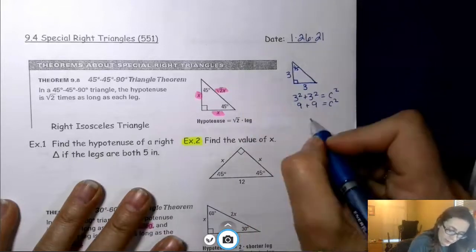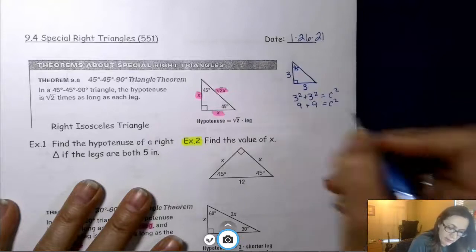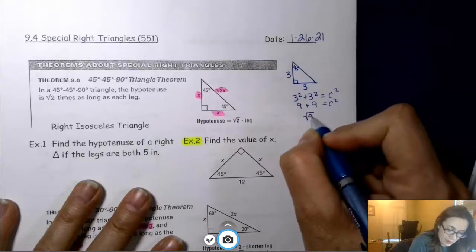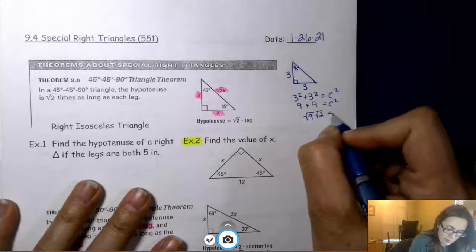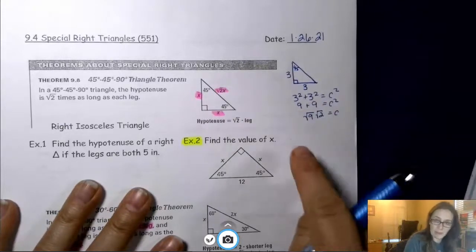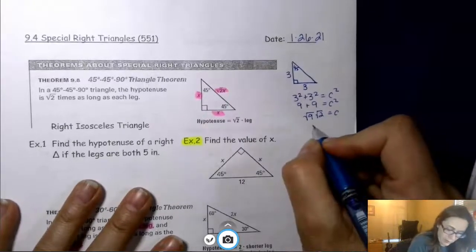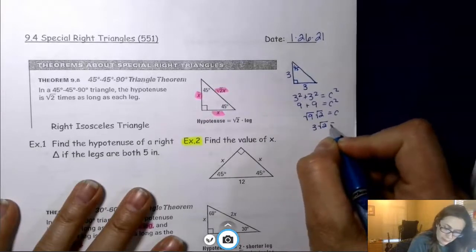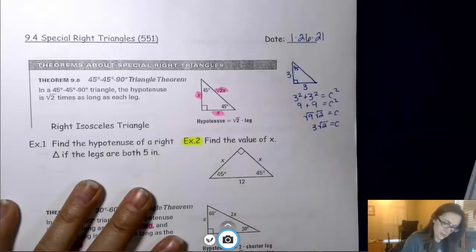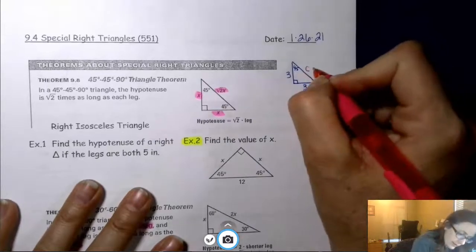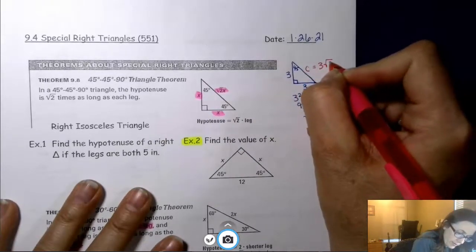Because it's a 45, 45, 90, you have 18. Square root of 18 is going to be 9 times 2. Because you have the two 9s, that's going to happen every single time. And you end up with 3 root 2. So right here, our c is equal to 3 root 2 every single time.